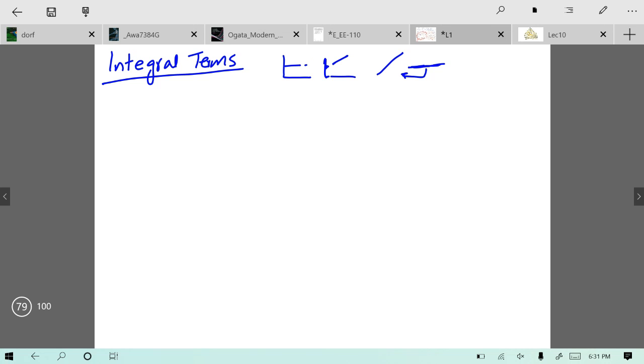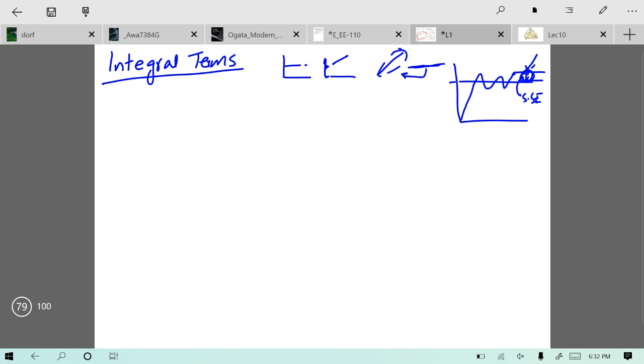What does this mean? Why am I discussing this? Integration has an impact on the steady state error. Let's suppose there is some steady state error. Due to this steady state error, there is some value. Your integral controller will convert this value to a ramp.